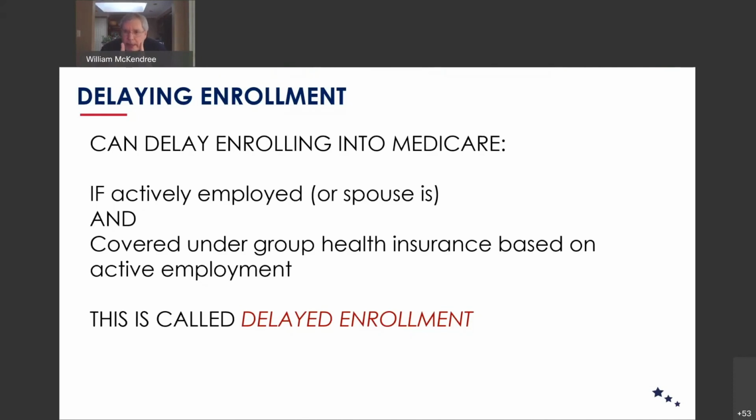Other question I would ask that individual, it's not so much for penalty, but it's for effective utilization of healthcare. Not only are you not collecting Social Security, okay, you can postpone, but are you working for a large employer or a small employer? What's the difference? Well, first, the large employer is 20 or more employees. The small employer is less than 20 employees. If you work for a large employer, the presumption is that the employer's health benefit is the primary benefit.